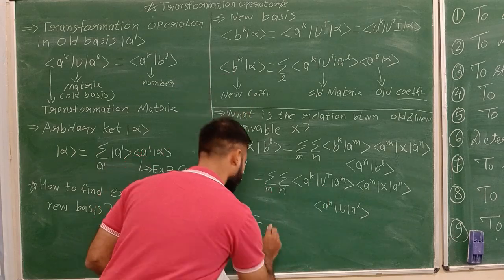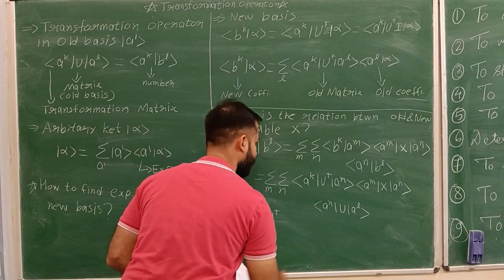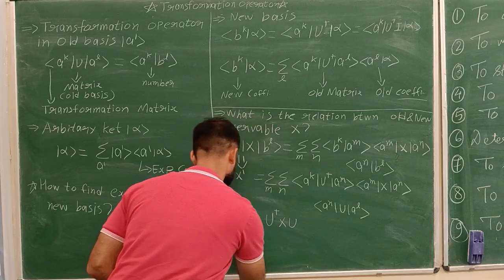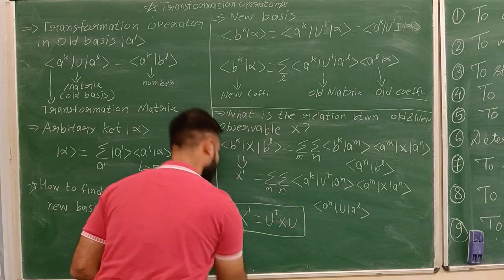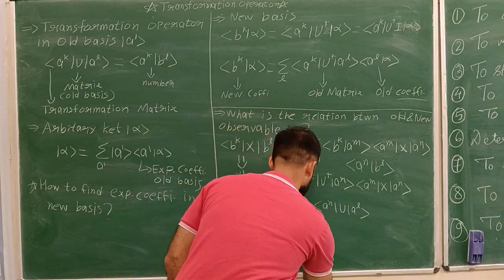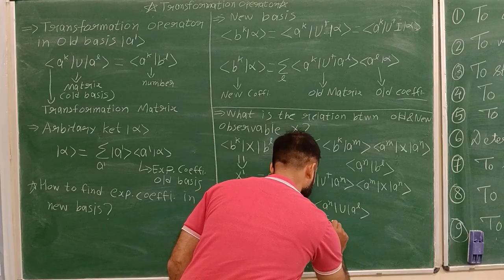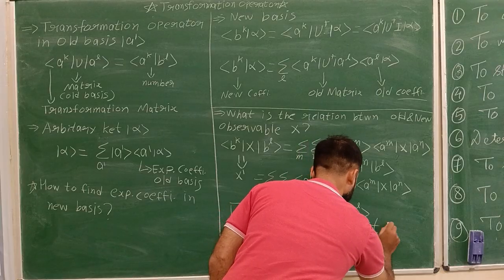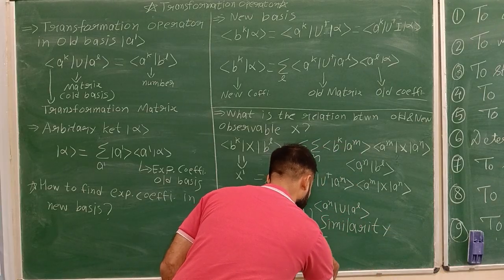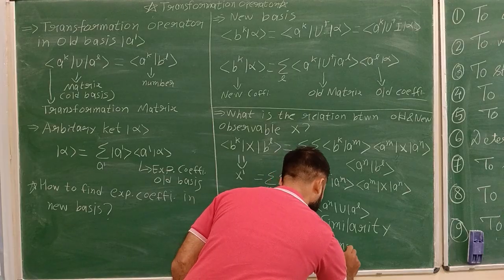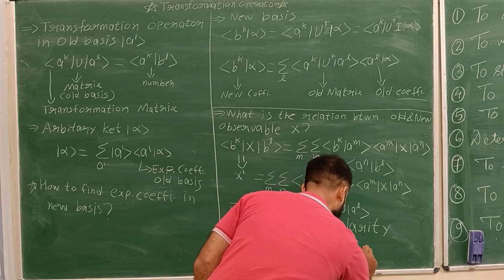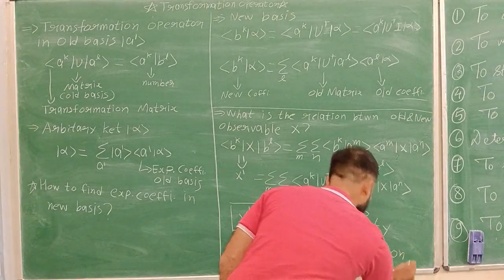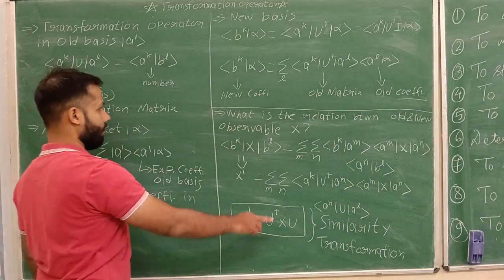This is some U dagger, this is X, this is U. And this relation is called the similarity transformation.